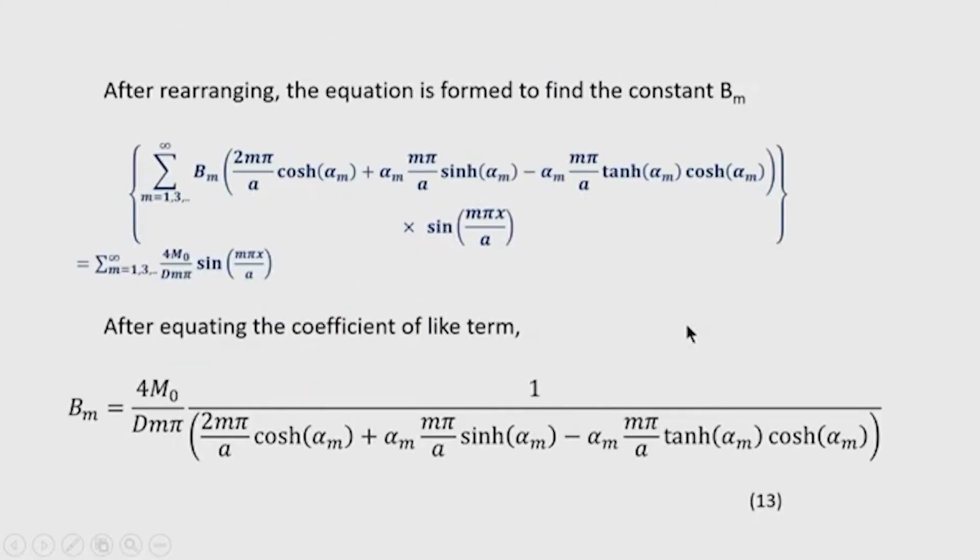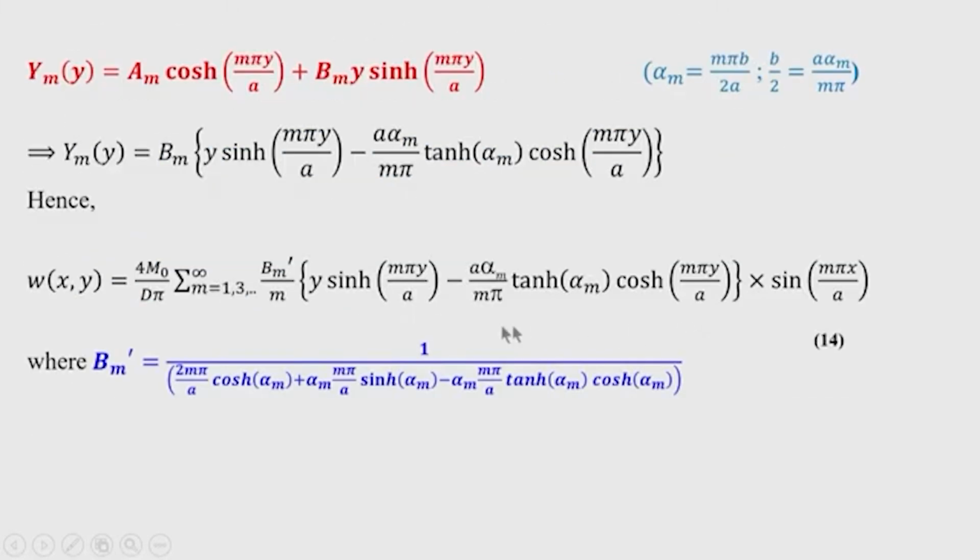So, after substituting this value in this term, when m naught is specified, we can completely find out the deflection in numerical form after putting the numerical values of the material properties, because D contains the material properties. What are the parameters involved in D?